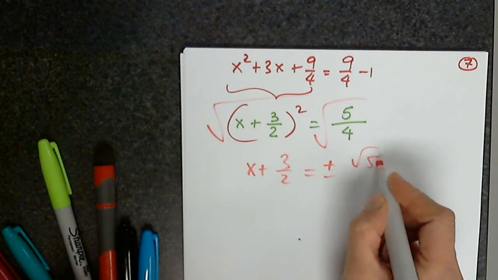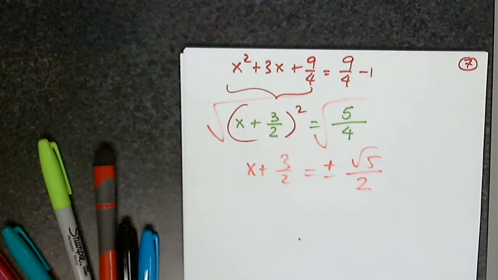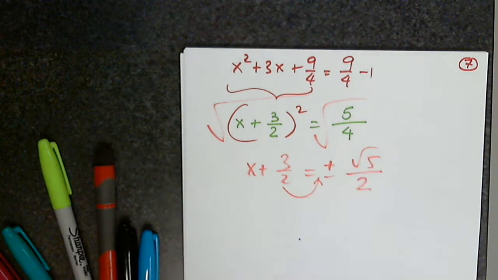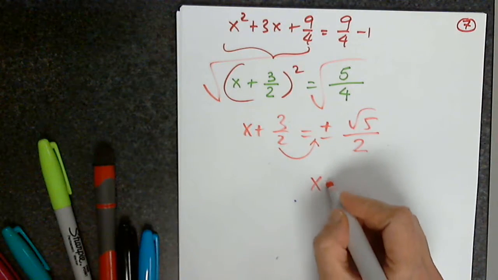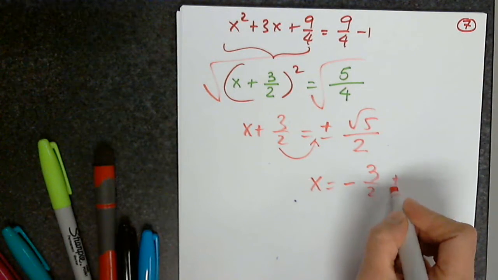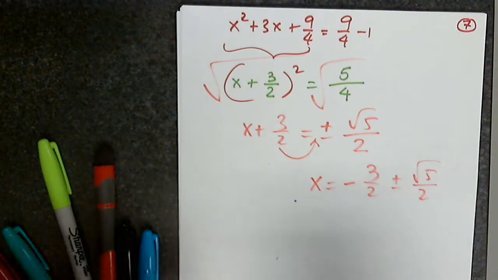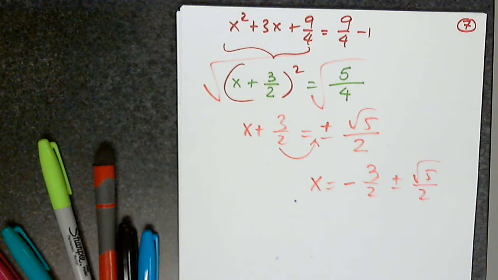Plus or minus the square root of 5 over 2. I'm allowed to split the radical if the radicand is a quotient. So it will be the square root of 5 over the square root of 4. And the square root of 4 is 2. Now one more step. I have to move 3 halves right here, right behind the equal symbol with the opposite sign. And that is it.